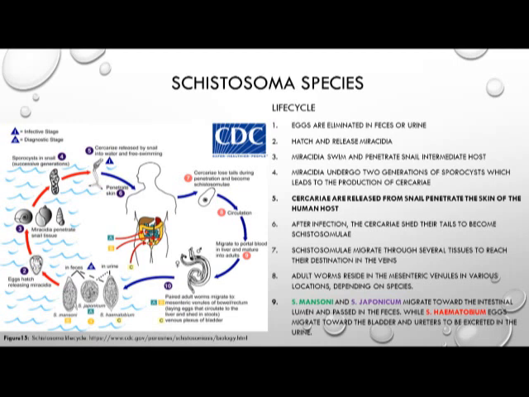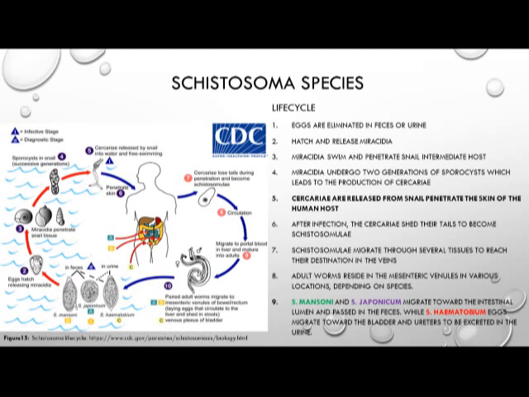So once the cercaria penetrates the skin of the human host, the cercaria will shed its tail and become a schistosomule. The schistosomule will then migrate through several tissues to reach its final destination in the intravascular space.